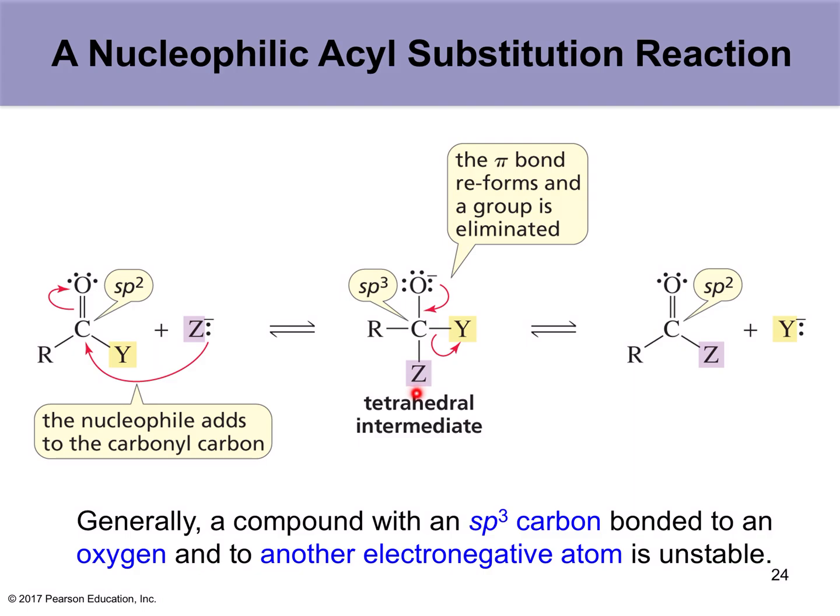Then the carbon-oxygen pi bond is going to reform, so the Y will be lost, and this is the substitution reaction. In the place of Y, now we have Z, and the carbonyl group is reformed. Generally, a compound with an sp3 carbon bonded to an oxygen and another electronegative atom is unstable, so that's why this elimination takes place and regenerates the carbonyl group.